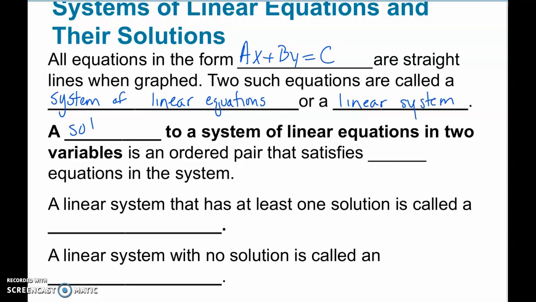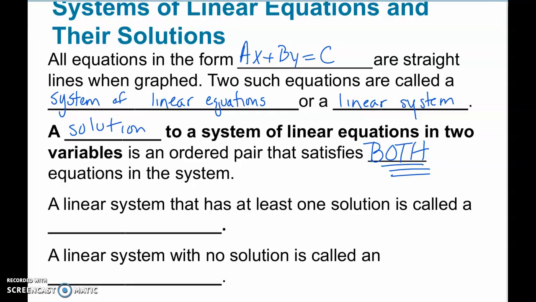A solution to a system of linear equations in 2 variables is an ordered pair that will satisfy both. So very important, it has to satisfy both equations in the system.